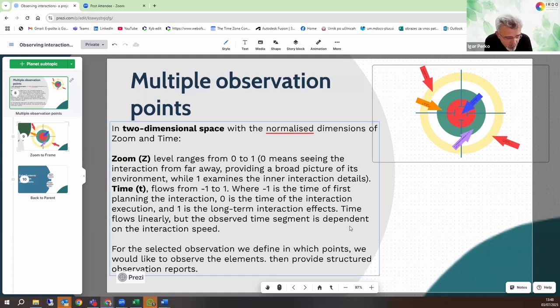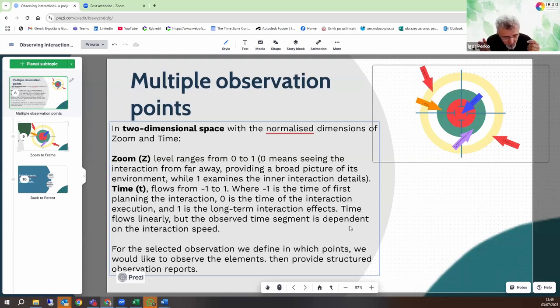So what we said was, let's normalize time based on the interaction. Time should start at the beginning of the interaction, the beginning of thinking about the interaction, and it should end when the effects of the interaction on the environment end. So that's the time normalization.